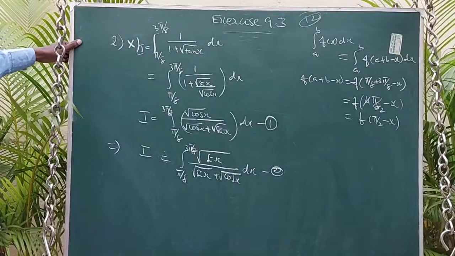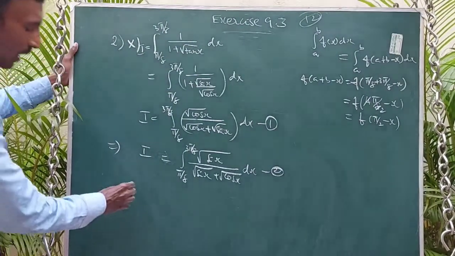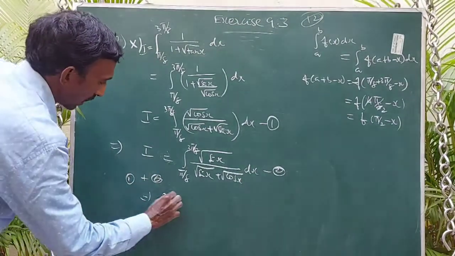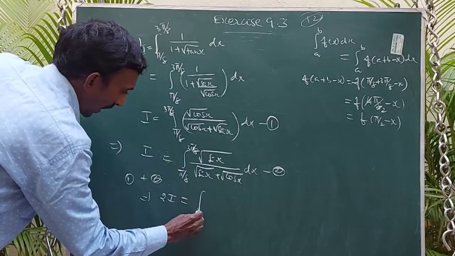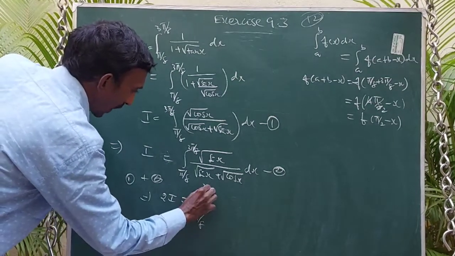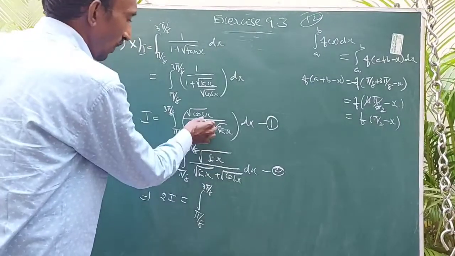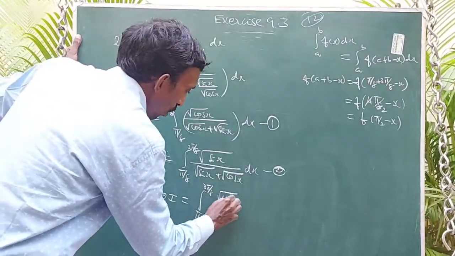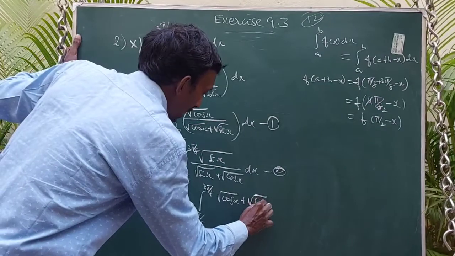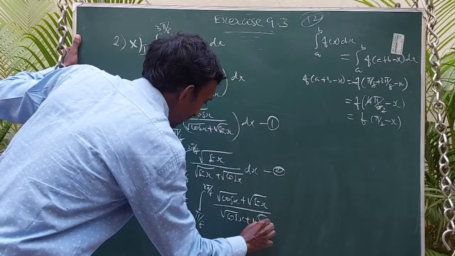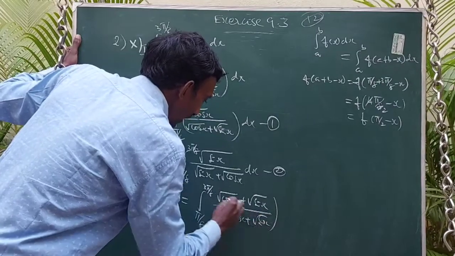Again we are going to use the I plus I procedure. So 1 plus 2 implies 2I equals integral pi by 8 to 3 pi by 8, same denominator, so we can sum up the numerator, root cos x plus root sin x by root cos x plus root sin x, into dx.